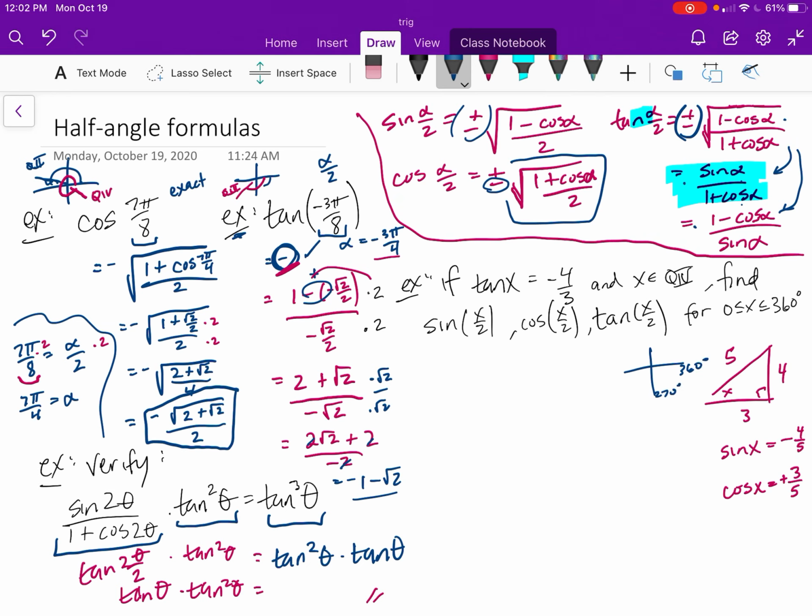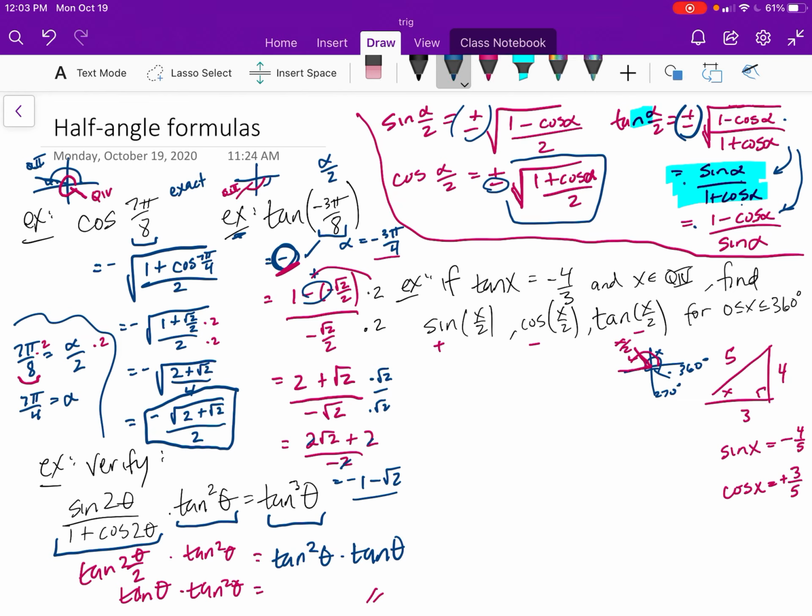So if I half that angle, because x is somewhere in there, half of 270 is 135. That's somewhere like right here. And half of 360 is 180. Then x over 2 is somewhere right in that range. So quadrant 2. Quadrant 2, sine is positive, cosine is negative, tangent is negative. All right, good idea to keep those in mind as we do this.